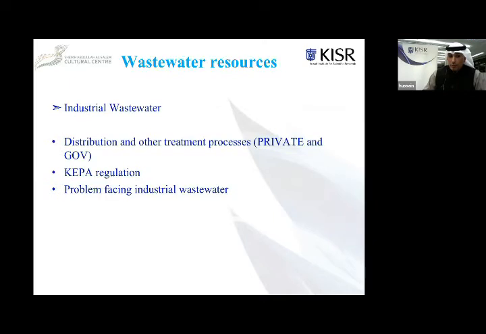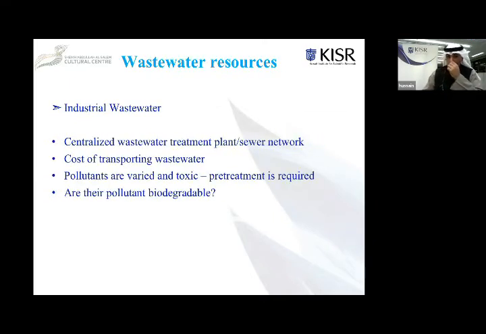The first problem facing industrial wastewater is that they are lacking a centralized wastewater treatment plant. As we said, they are expanding. Instead of only having one treatment plant located in Wafra, they are going to have now, recently, a new plant in Sabhan and another plant located in the Sulaibi industrial area.